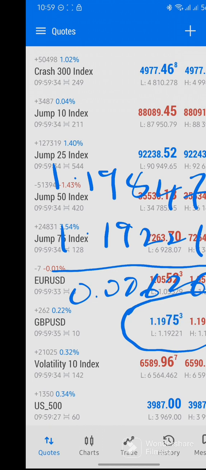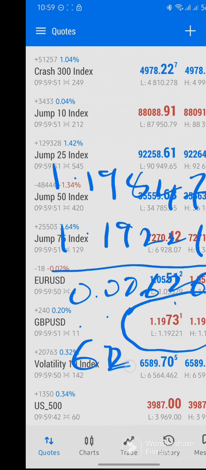Now if you look very well, how do you count your pips? Your pips count starts from where this 2 is, which is the fifth one, 1 2 3 4 5. Since I told you the digit before it has a number, it will now be 62.6 pips.